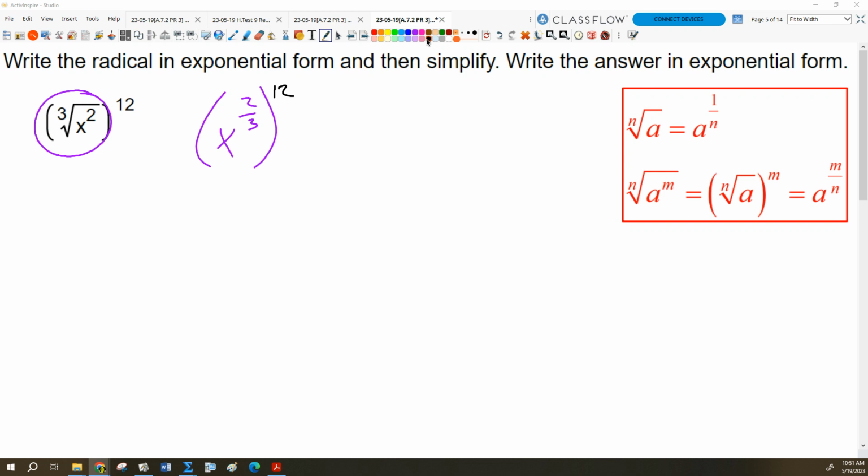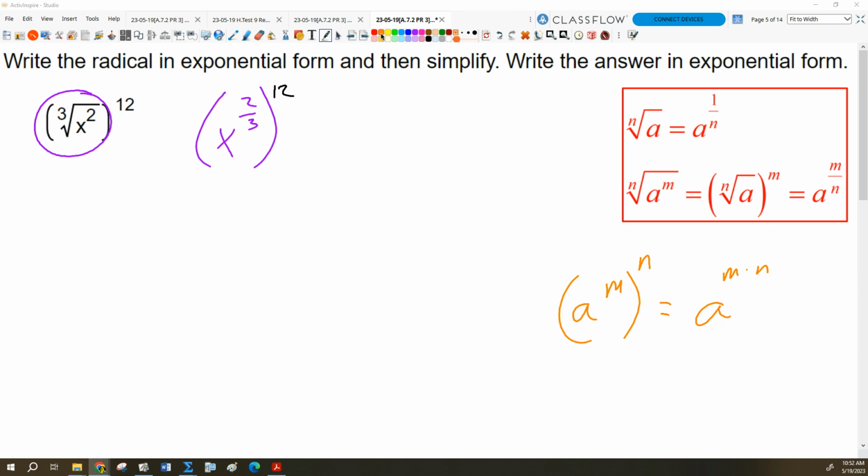Well, we have a property for that. You guys all know this property. If I take a power to a power, what do I do to the exponents? Multiply, right? So we get a to the m times n. We add them if we're multiplying like bases, that's different.